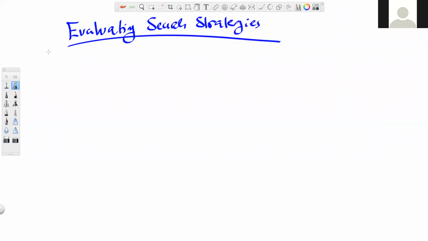There are 4 criteria that we're going to look at. I'm going to write the names and then we'll explain what they are. The first one is completeness. The second one is time complexity.